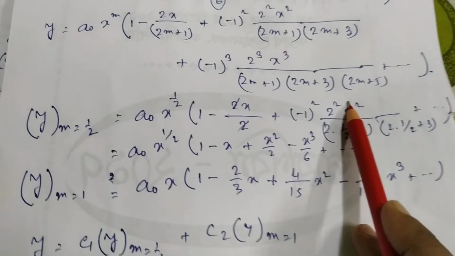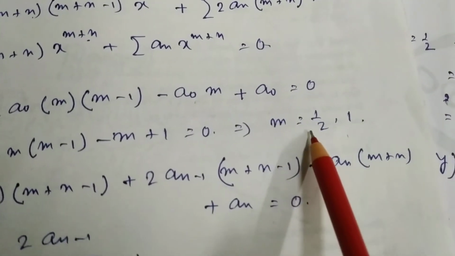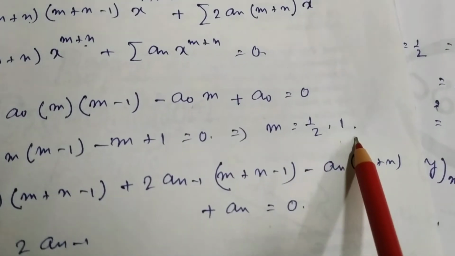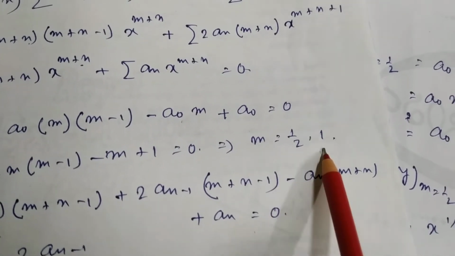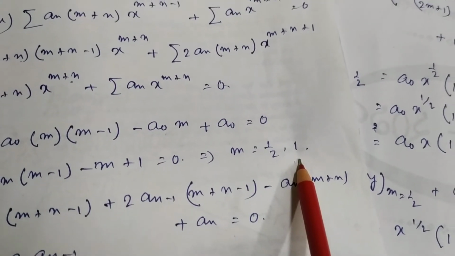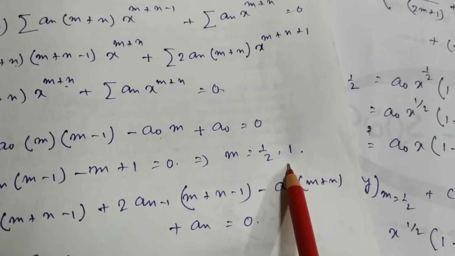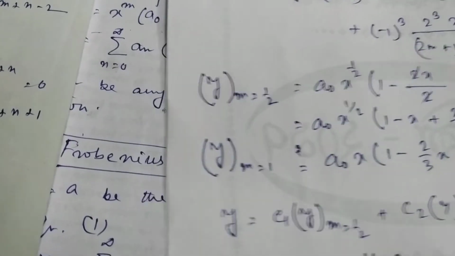Now the roots of the initial equation are half and 1. These are distinct but do not differ by an integer. So we should go for case 1.